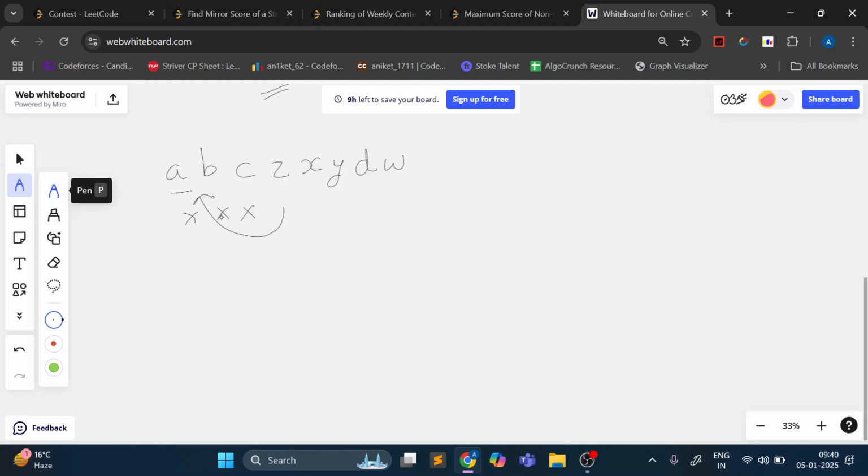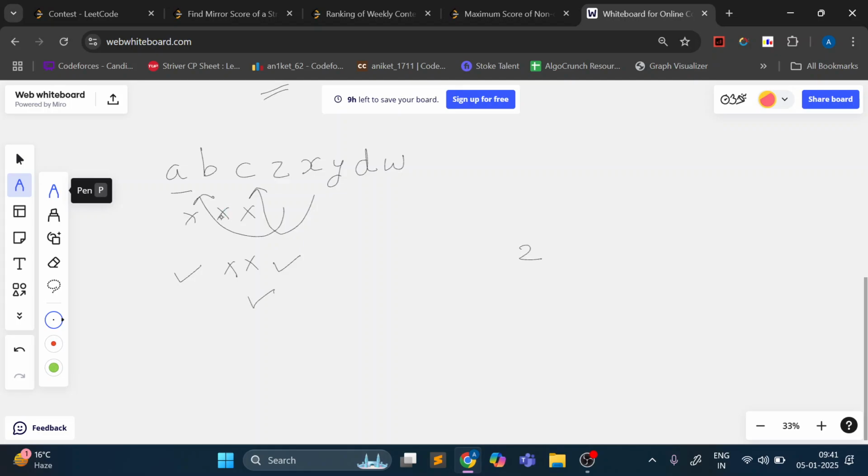So here we will mark this, and our score here would be 2. Now for X, there is this character C, which is its mirror. X is the third character from the end, so the third character from the start would be C.